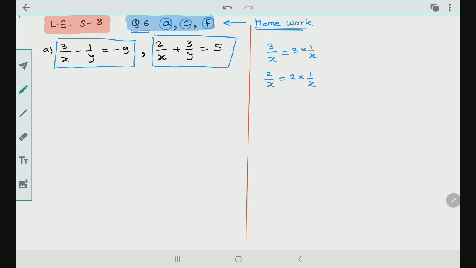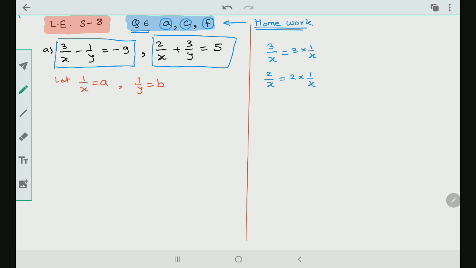You'll understand it. Here what I'm going to do now, let us imagine 1 upon x is equal to a and 1 upon y is equal to b. Can I do that?